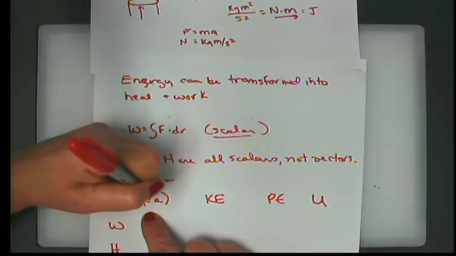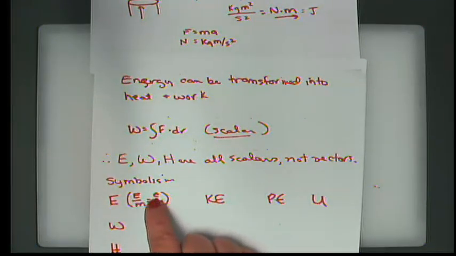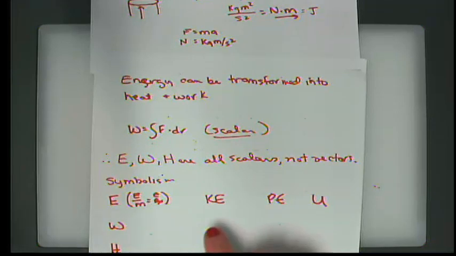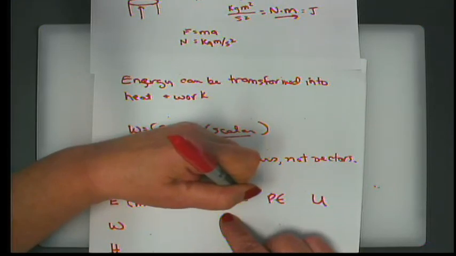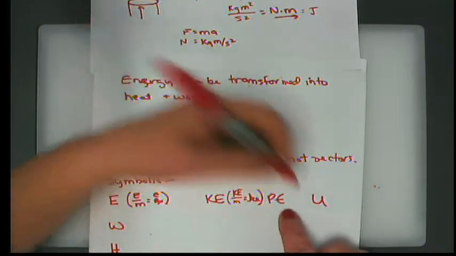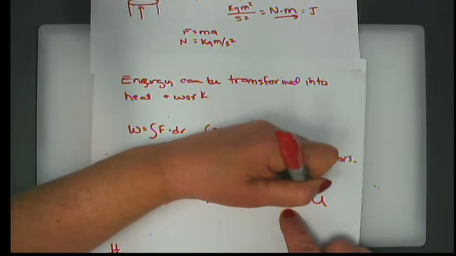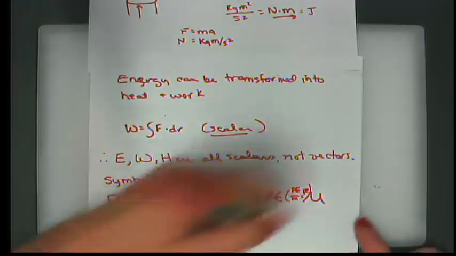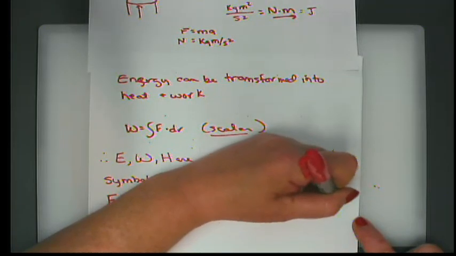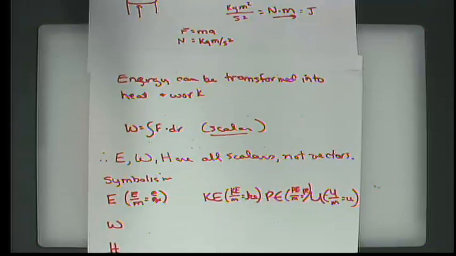This should just be an E. It's just my handwriting that looks weird. So in other words, capital E divided by M is designated by little e. Capital kinetic energy divided by mass is designated by little ke. And similarly, capital PE over M is designated by small pe, and capital U divided by mass is little u.